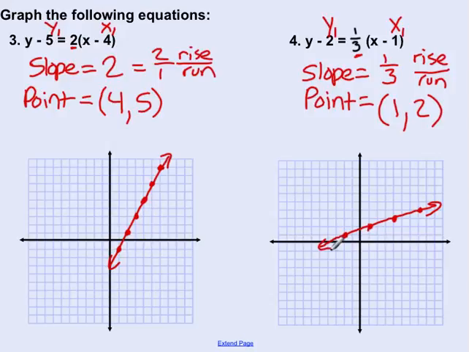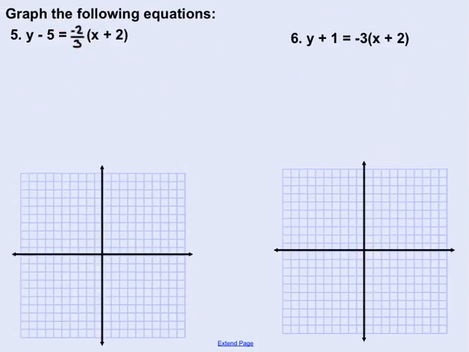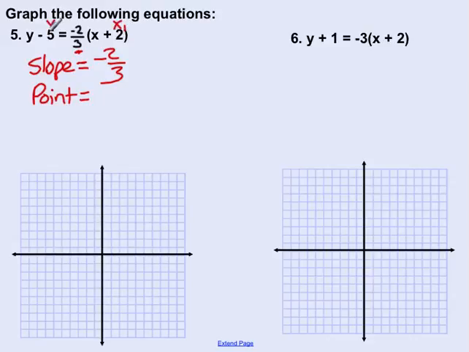Two more on your note sheet that we're going to look at. Again, list slope, point. Slope here, negative 2/3. Here's x sub 1, here's y sub 1. This is where it gets a little tricky. X sub 1 looks like a 2, just a positive 2, but remember you're taking that out. Think about how it would have had to be inserted into the formula.